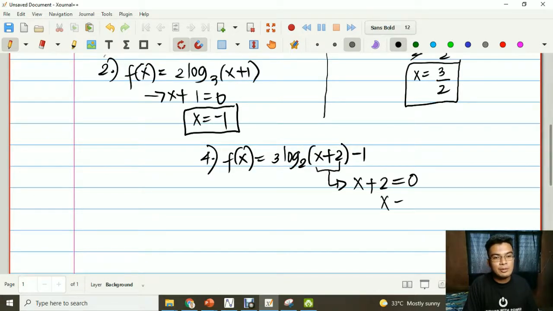So x is equal to, transposing positive 2, it will become negative 2. So our vertical asymptote for the logarithmic function f of x is equal to 3 times log base 2 of x plus 2 minus 1 is x is equal to negative 2. So that is how we obtain the asymptote of a given logarithmic function.